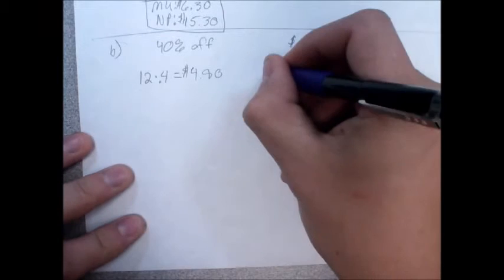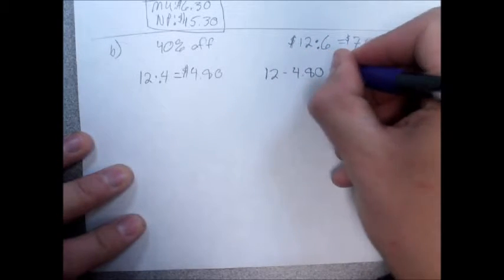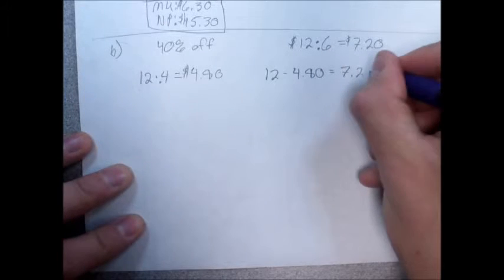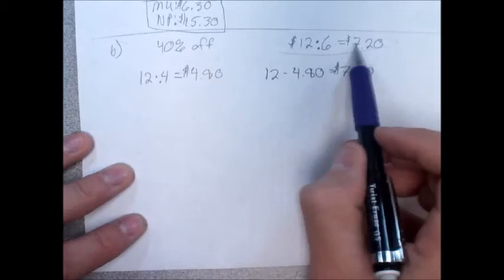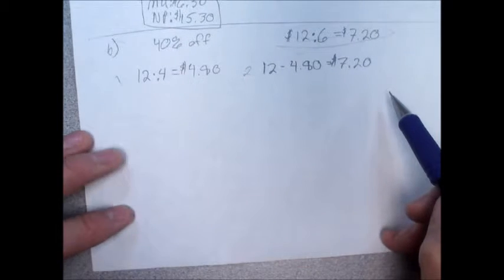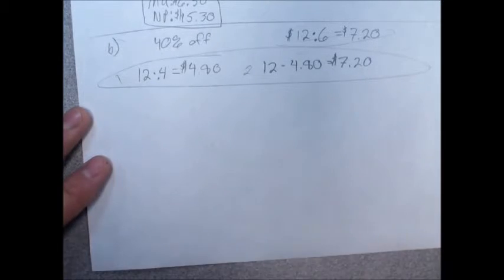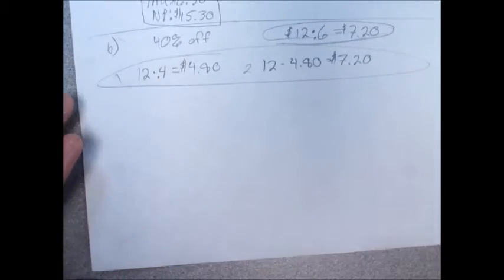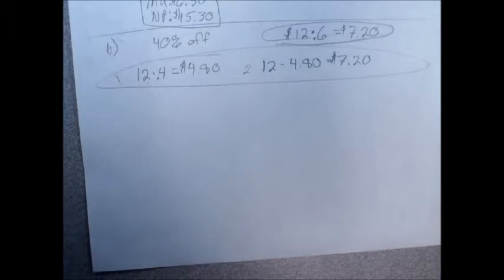So I take $12, I subtract $4.80, and I get $7.20 for my new cost. Okay? The only difference between these two is this is a one-step problem, this is a two-step problem. So you can do whichever method you want. So here's the find it and subtract, here's the all-in-one. Whichever method you want. Questions on either of those methods?